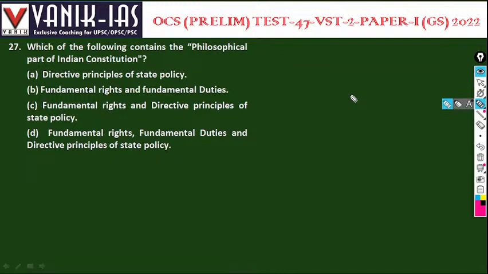So the philosophical part is only the Directive Principles of State Policy. Why? Because fundamental rights are enforceable. Fundamental rights are not a philosophical part. It's not philosophy. These are inherent rights. But DPSP are some values for the government. So A is the answer.